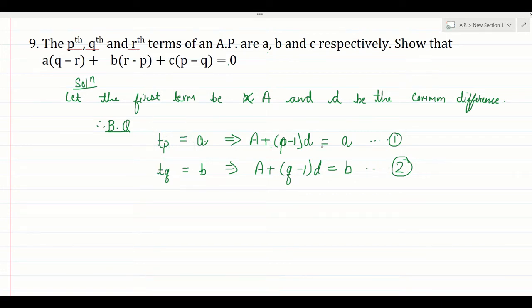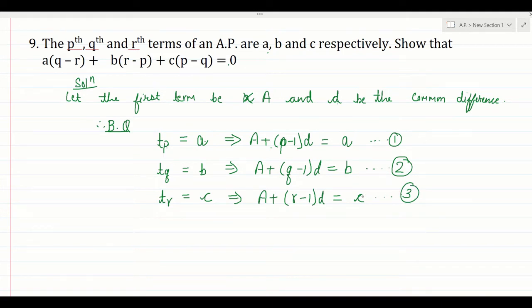Is this clear? Okay. Now let's go to the rth term, meaning TR. The question has said TR is C, which implies A plus N minus 1, meaning R minus 1 D, is equal to C. This is equation 3.